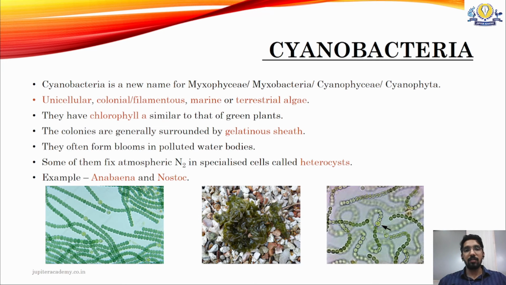Nitrogen fixation in cyanobacteria takes place in specialized cells called heterocysts. This is an anaerobic cell with no oxygen inside, and its main function is to fix nitrogen. Examples of cyanobacteria are Anabaena and Nostoc.